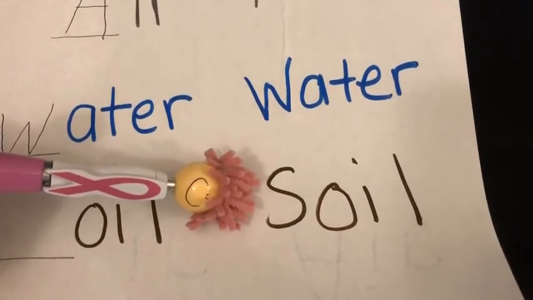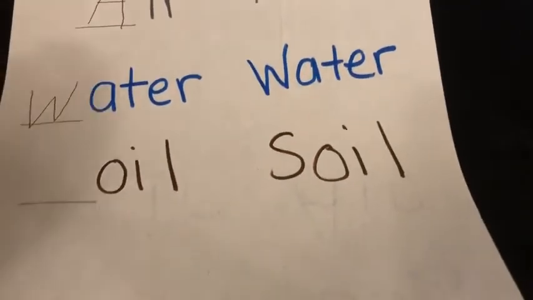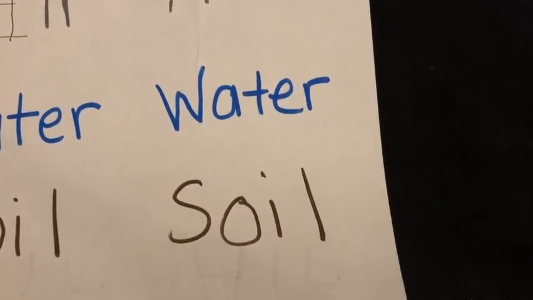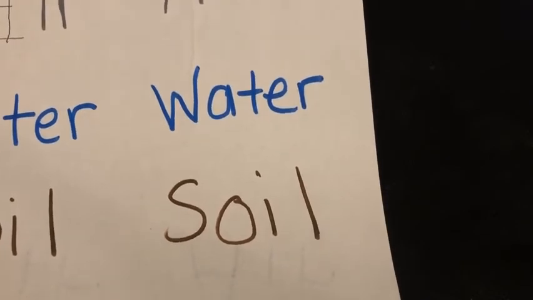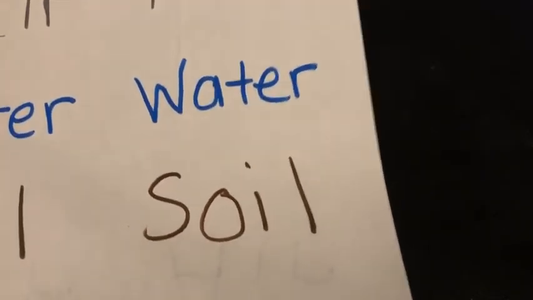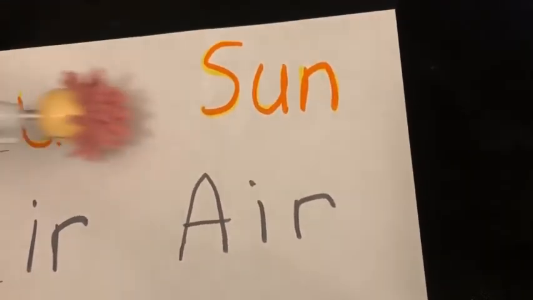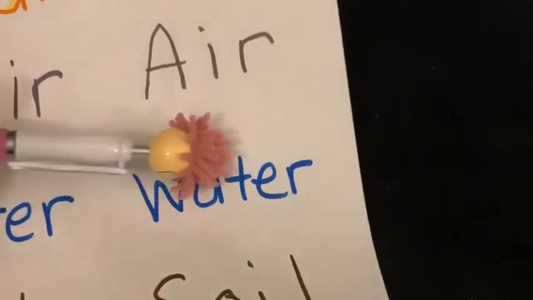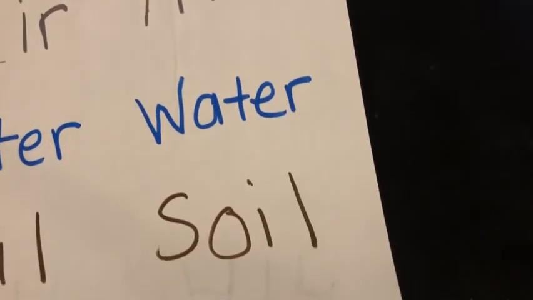So, we need to write the letter S again for soil this time. Because we can see that sun and soil both start with the letter S. And if you're really good at writing your letters already, you can go ahead and write the whole word. You can write the whole word for sun, air, water, soil.